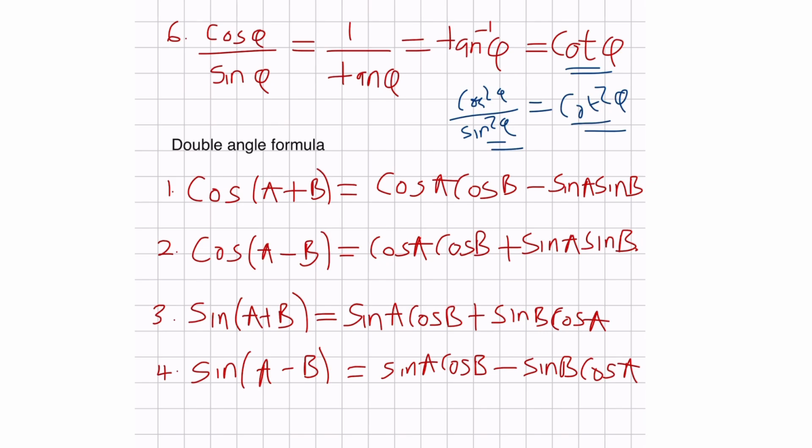Apart from these, we also have what is called the double angle formula, which is also a standard identity that we are supposed to remember and recall so that we can use it. Under this formula, to expand cos of A plus B, you say cos A cos B, then you say minus.